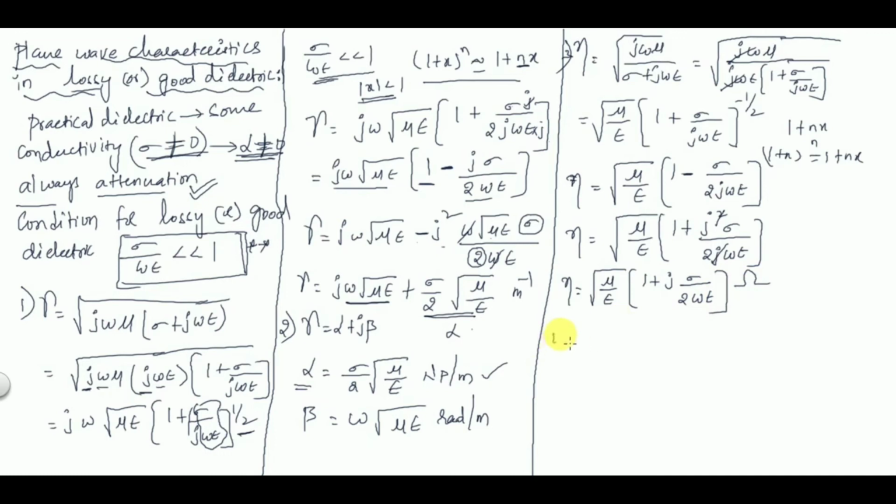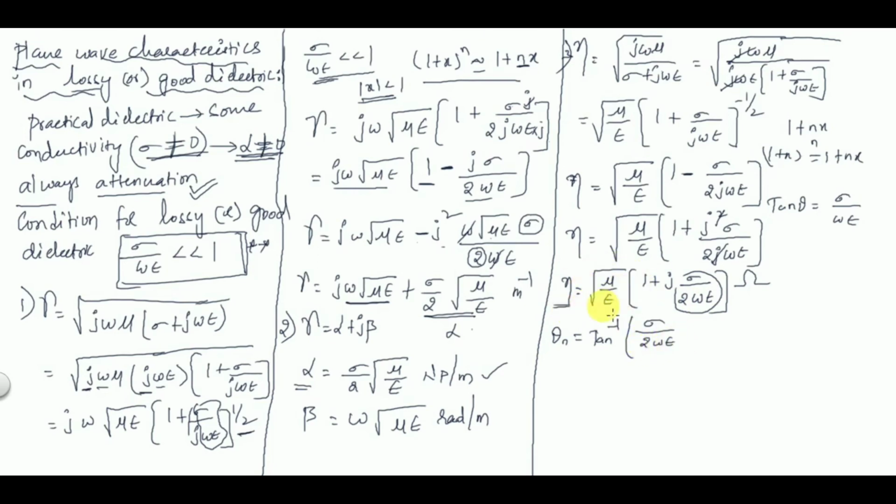If you want to calculate theta n, we know the value of tan theta from the loss tangent, it is sigma by omega epsilon. Theta n is the angle of the intrinsic impedance, given by tan inverse of the imaginary part, sigma by 2 omega epsilon, divided by the real part, which is 1.